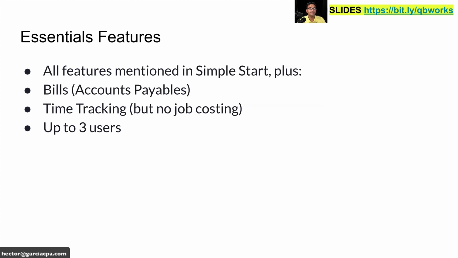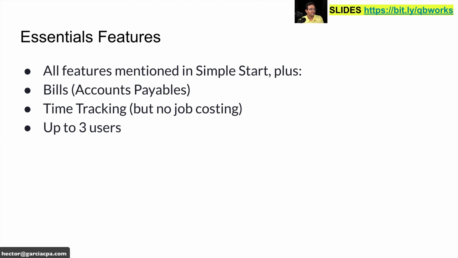If you actually need more than 1 user, let's say 2 or 3 users, and on top of that you want to track accounts payable, these are the bills, the invoices that your vendors send you, so you can track your future cash flow of money coming out, you're going to have to move up to Essentials.